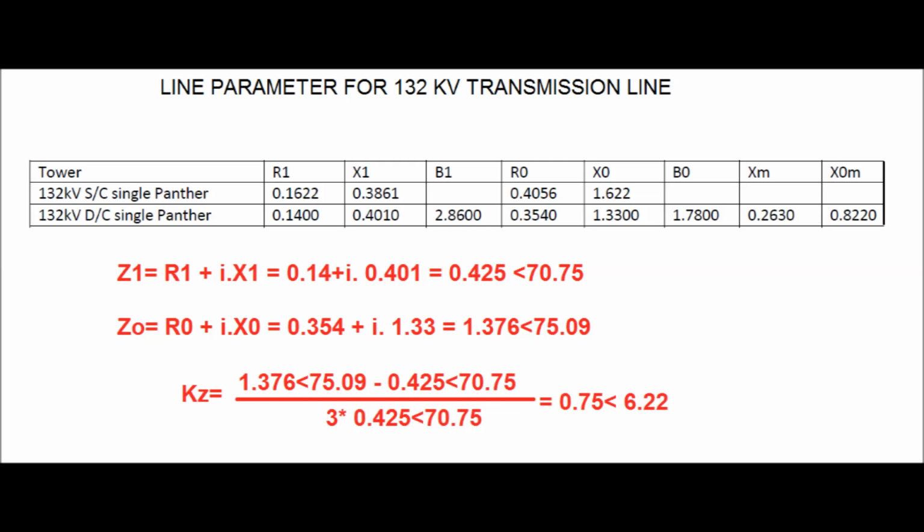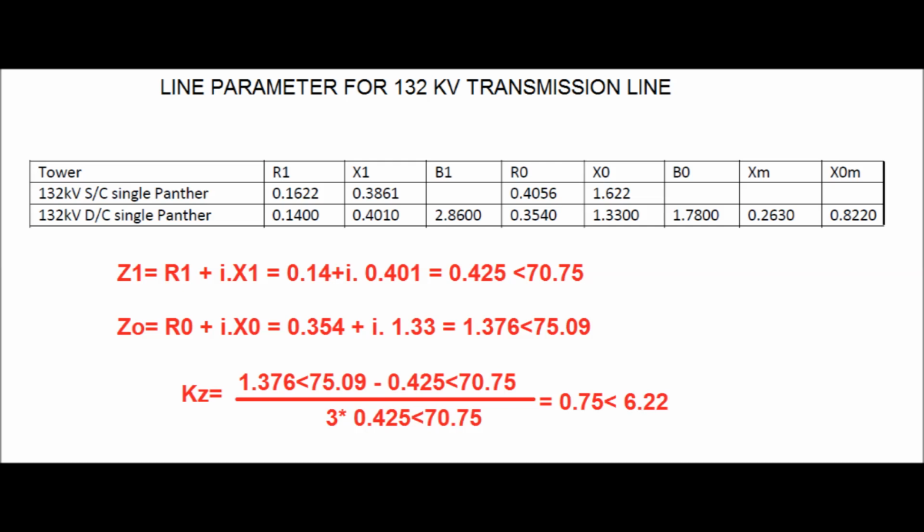Since all the lines are double circuit lines, we will take the R1 and X1 values, that is positive sequence resistance and positive sequence reactance, as 0.14 ohm and 0.401 ohm respectively, and R0 and X0 values as 0.354 and 1.33 respectively.